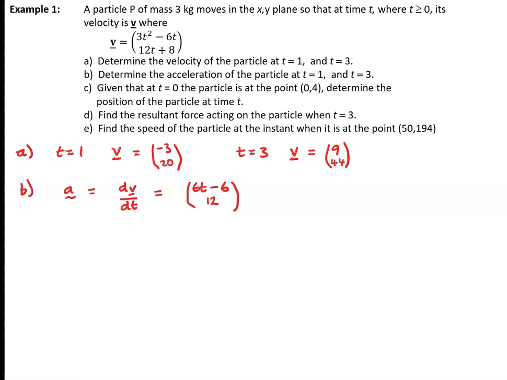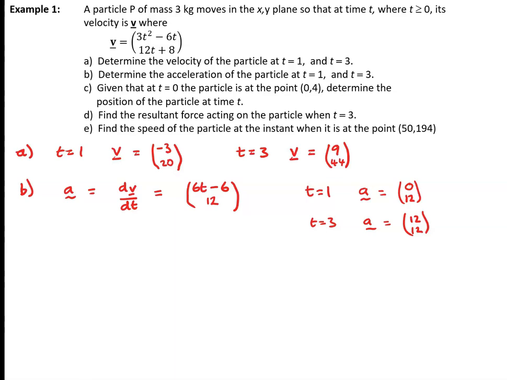So the derivative of 3t squared minus 6t is 6t minus 6. The derivative of 12t plus 8 is just 12. So the expression for the acceleration is (6t minus 6, 12). So when t equals 1, the acceleration is simply going to be (0, 12). And when t equals 3, the acceleration is going to be (12, 12).